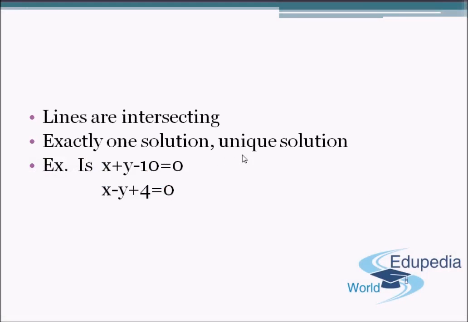Friends, we have seen in the graph that this pair has intersecting lines and thus exactly one unique solution. Such a pair is known as a consistent pair.